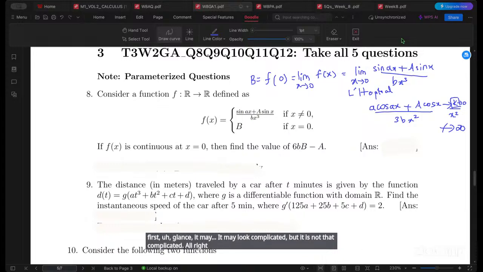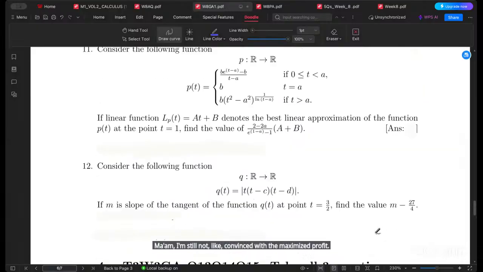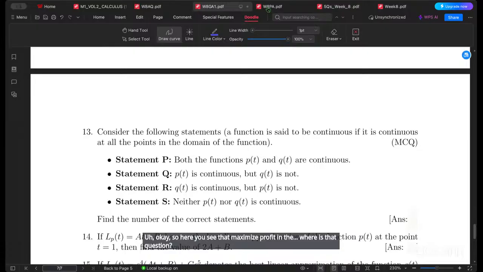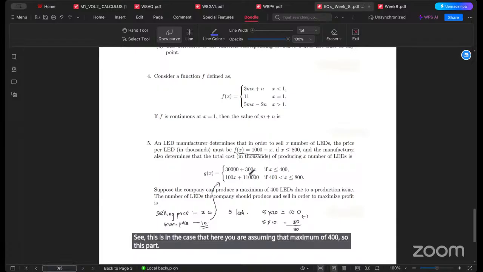All right. If you have any final question, ma'am, I'm still not convinced with the maximize profit part. Okay, so here you see the maximize profit question, the last one. In this case you are assuming a maximum of 400, so this part just tells you that you are going to use g of x.